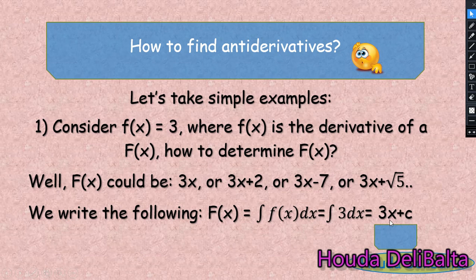The answer is 3x plus c because, again, I'm searching for a function whose derivative is 3. Then definitely this function must be 3x. But 3x alone is not enough. I have to add plus c, because referring to these examples, you can notice why I should add plus c.